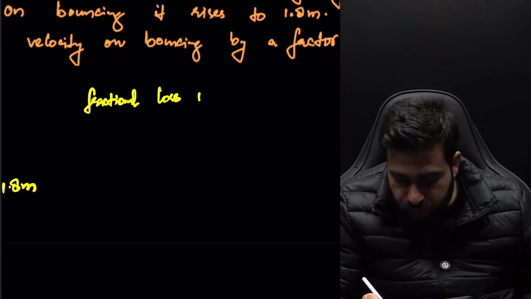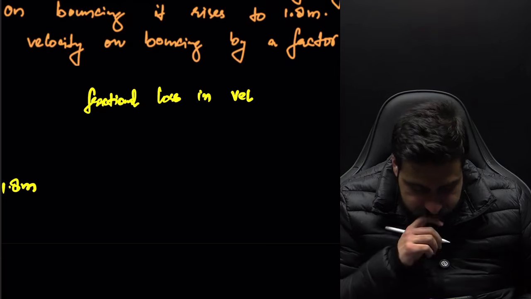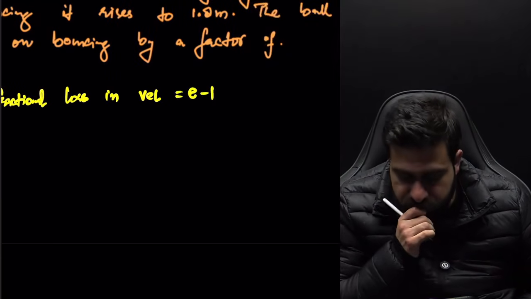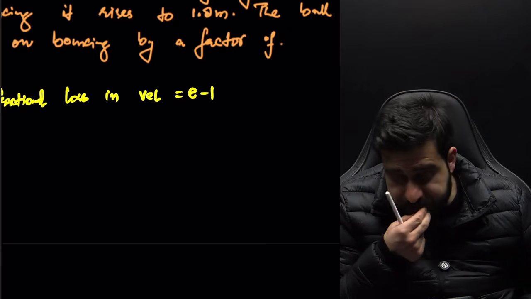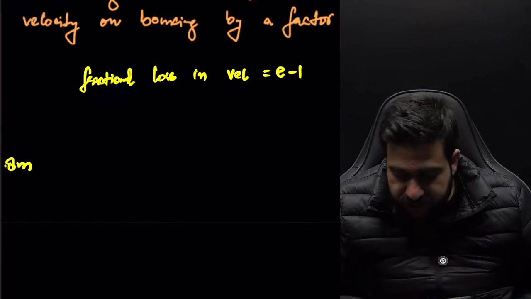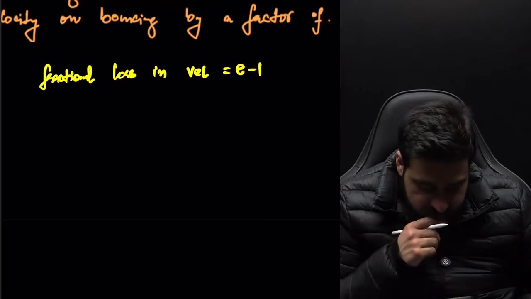Fractional loss in velocity is going to be e minus 1. And guys, we don't know the value of e in this particular case.